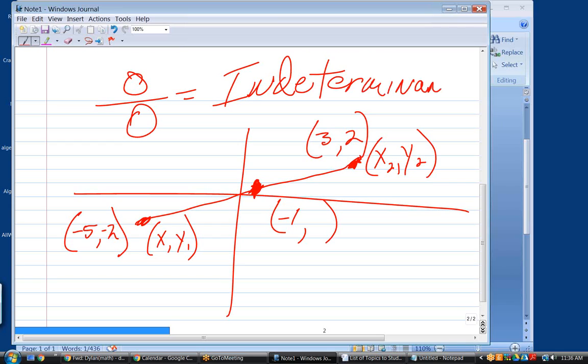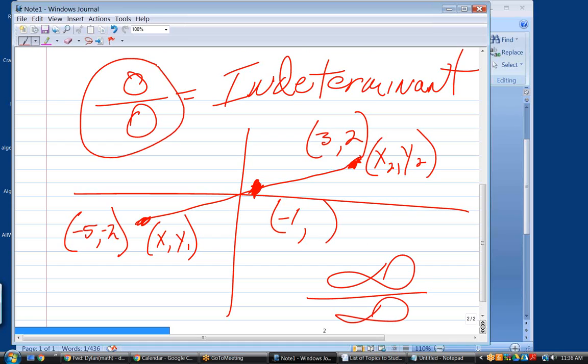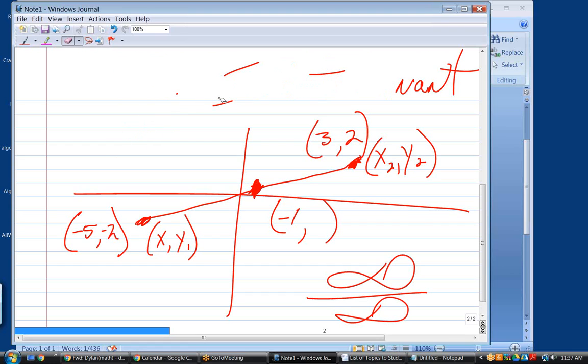There's lots of things that are indeterminate. Infinity divided by infinity is indeterminate. But 0 divided by 0 is one of them. That can be 0, that can be infinity, or it can be a number. That's why it's called indeterminate, because we can't determine what it is without further information. So that's the only case that you can even consider dividing by 0.